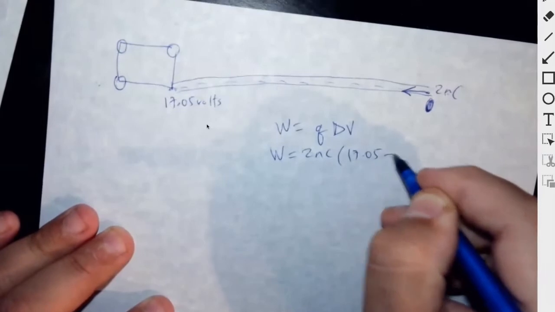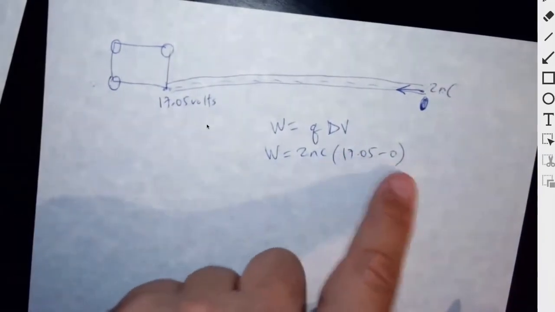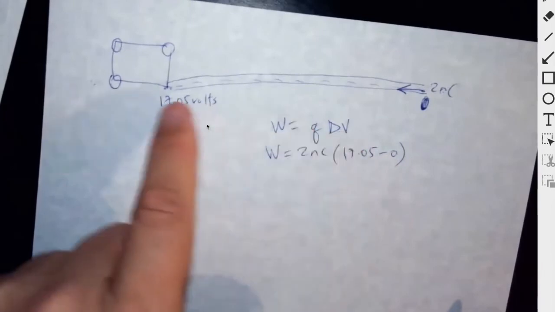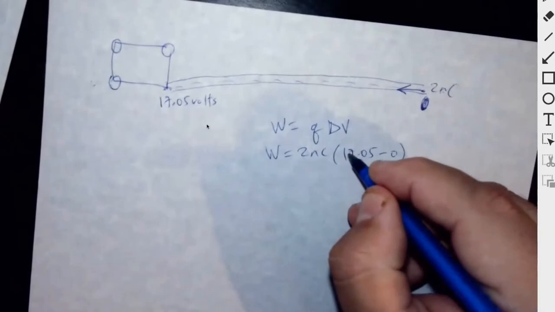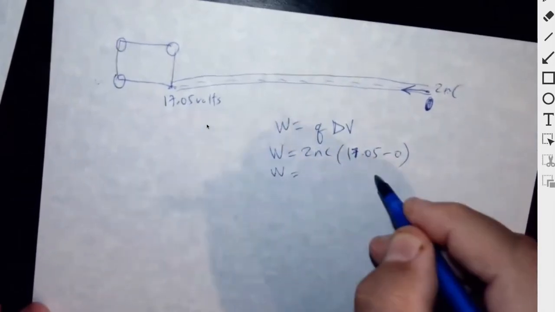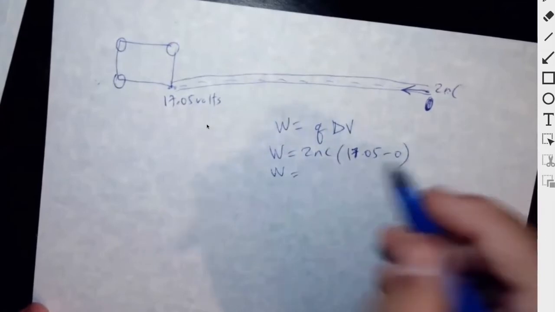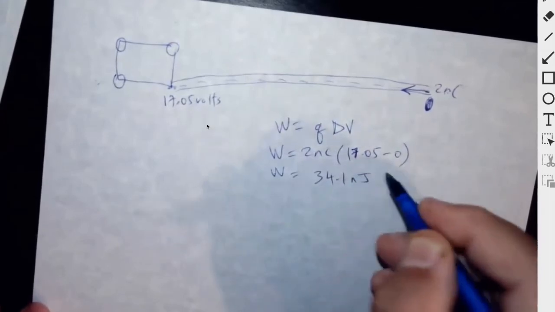The signs are what make this chapter kind of hard. How do you know which one to subtract from which? What's the delta V, the final minus the initial, keeping track of all those signs. So then we have this times 2, and of course that's going to be 34.1 nanojoules.